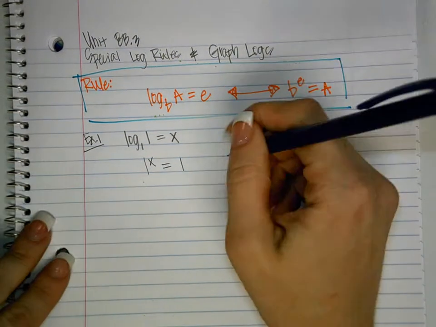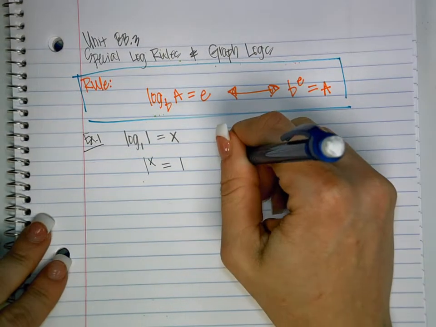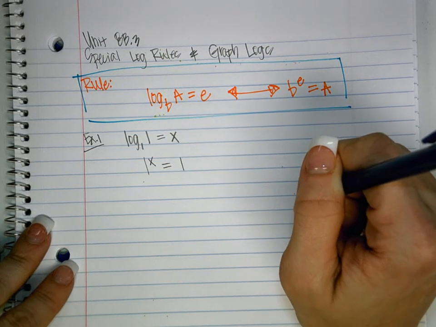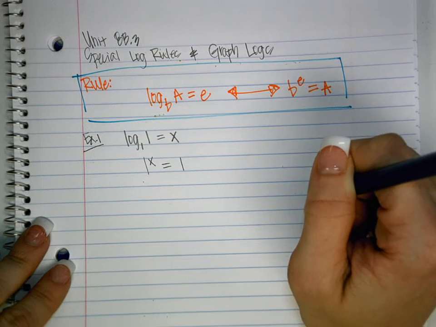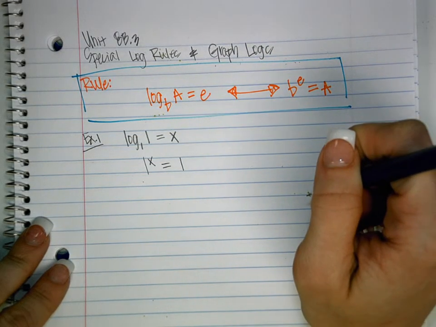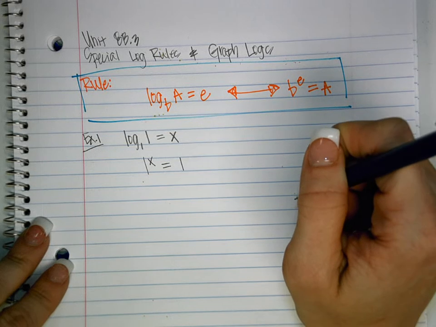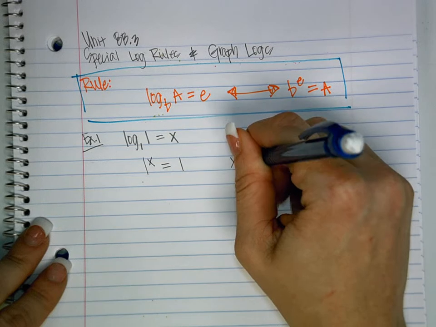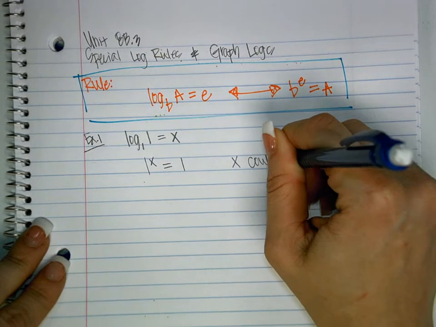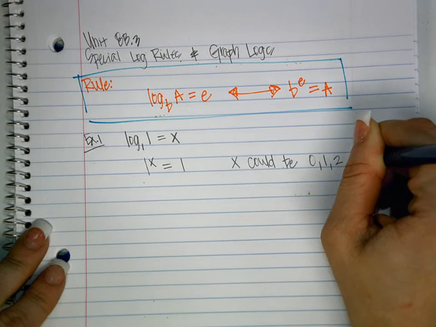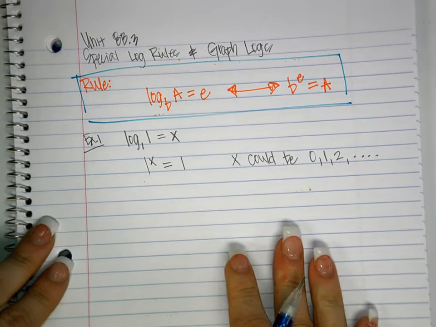What would x equal there? What about 0? What about negative 1? What about negative 5? Negative exponents make fractions. 1 over 1 is still 1. Is there an actual answer here? No solution. x could be 0, 1, 2, negative, any of those numbers.